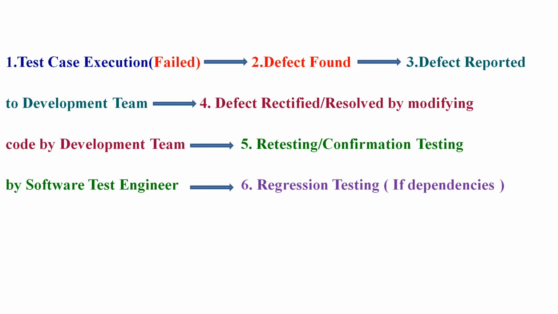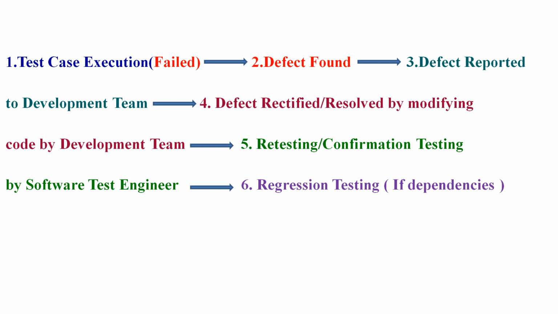See, when the software test engineer executes the test cases, there will be two statuses. Either the test case execution may pass or it may fail. If the test case execution fails, it means there is a defect. That means the defect is found.